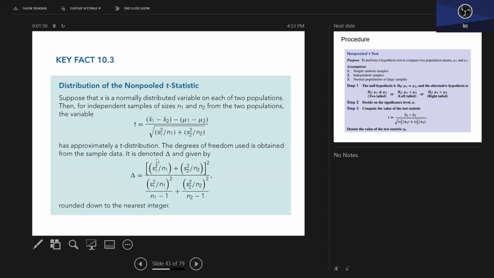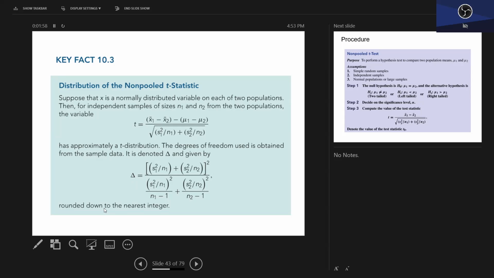This is a weighted average related to the variance. Standard deviation squared is the variance, and these are the two different variances of the two different populations. The important thing I want to emphasize here is that we have to round it down to the nearest integer when we're calculating the weighted degrees of freedom, right? It's different from what we've had.